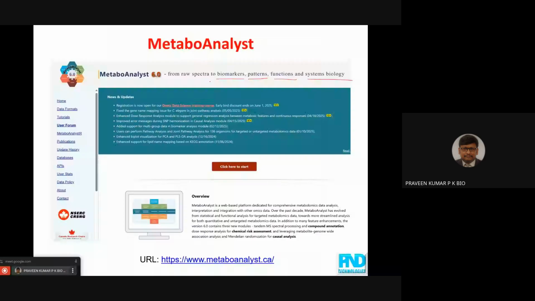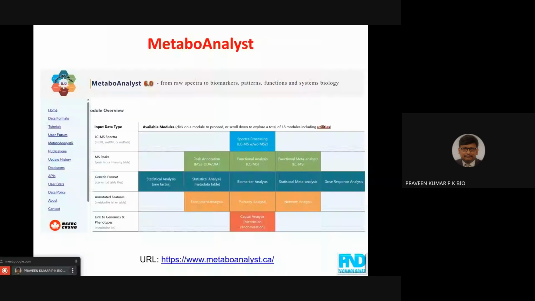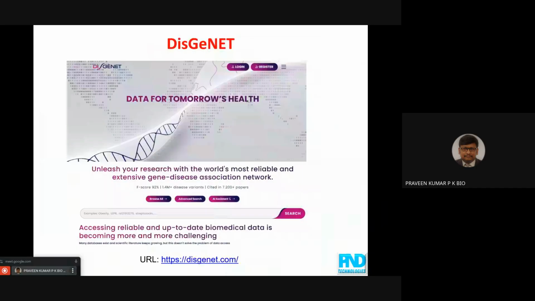Even the metabolites can increase the progression of a disease, so one should know what metabolites are produced. And of course, these are linked with enrichment analysis, pathway analysis, network analysis. Even for metabolites, we have a similar website for this.